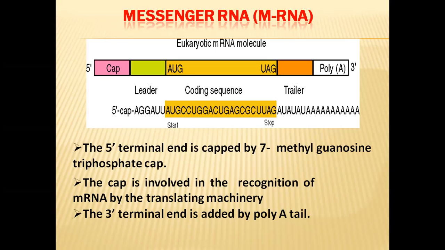So this capping is useful for recognition of mRNA while protein synthesis is being initiated. The 3' end has the poly A tail, and the 5' end has this methyl cap. Both these terminal additions also help the mRNA in having stability. So mRNA stability will be assured by this 5' cap and poly A tail.